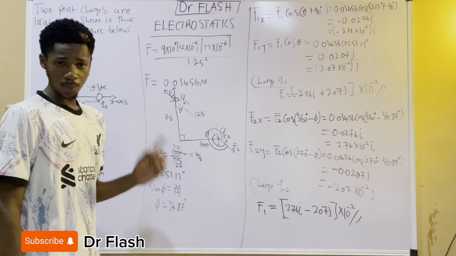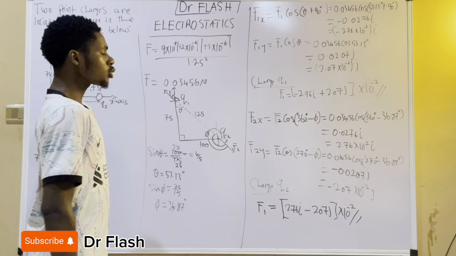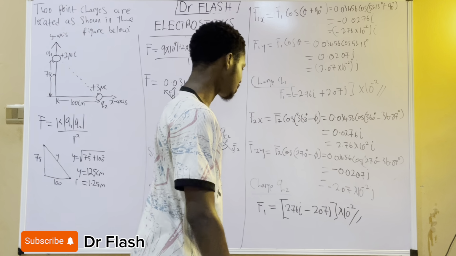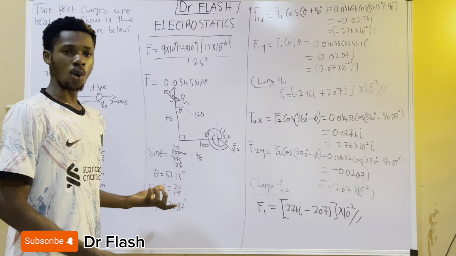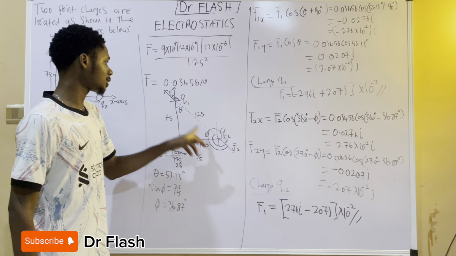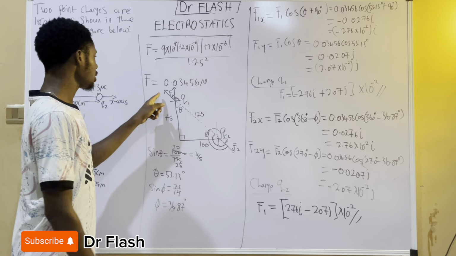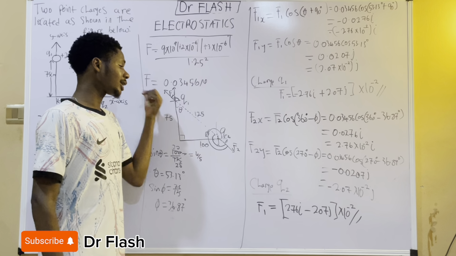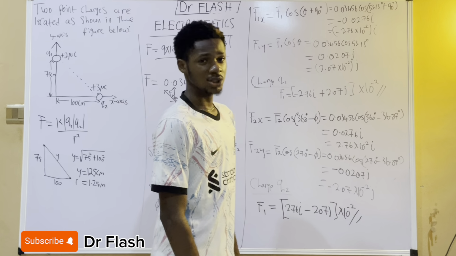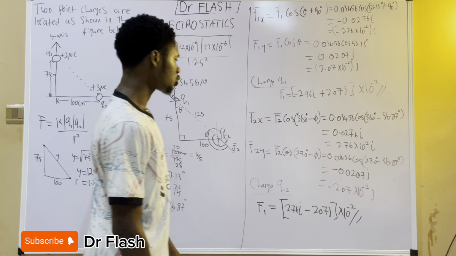What you can note from this result is that F1 and F2 are the same, just opposite in direction, just the way you see it in this free body diagram. The force experienced by F1 and F2 are the same, only opposite in direction, in accordance with Newton's third law.